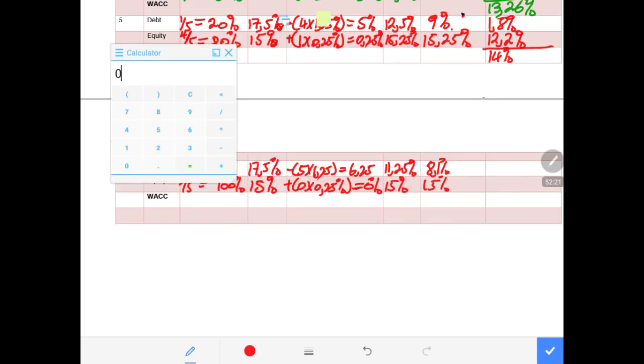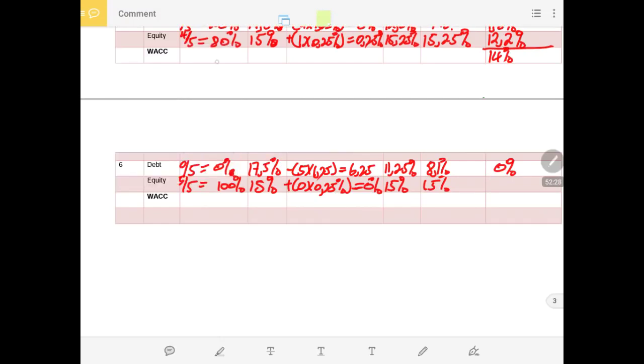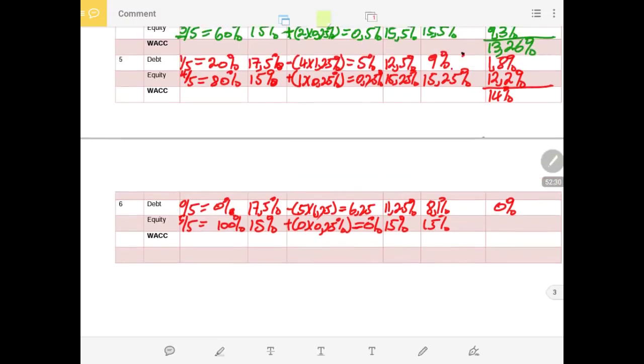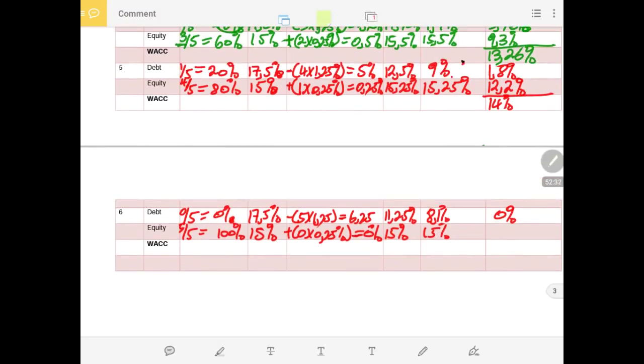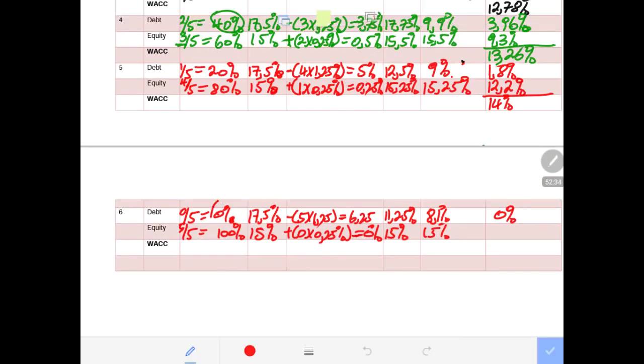Then this will give us 0. We times this by 0, then the weighted average cost of capital for debt, where no money was borrowed, will lead us to 0. Therefore, that will be 0 because we have the weight of 0. We multiply the weight of 0 by an amount of 8.1, we get to 0.